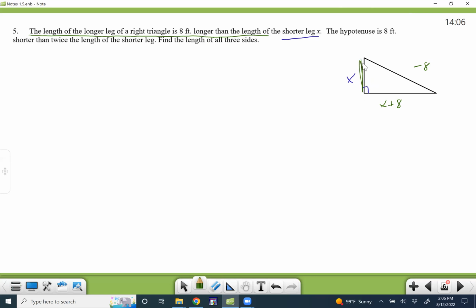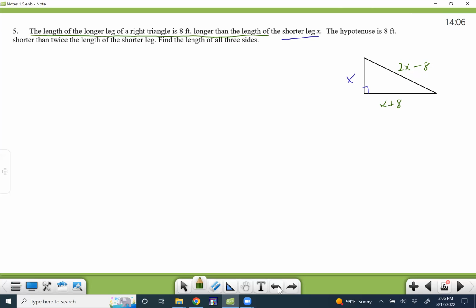Well, here's my two legs, you guys. The shorter leg is going to be this one right here, so it's going to be x long. So twice the shorter leg would be 2x. That shows you the hypotenuse being 8 feet shorter than twice the shortest leg. It's a lot to digest, huh?